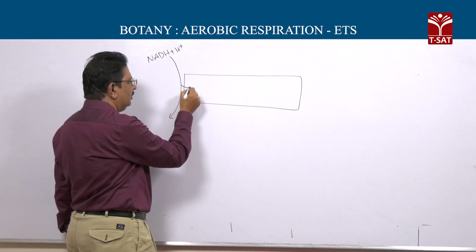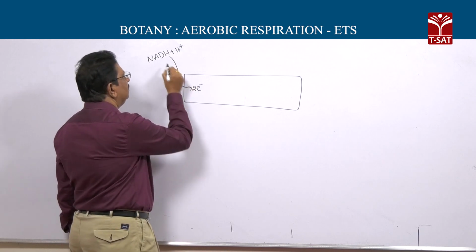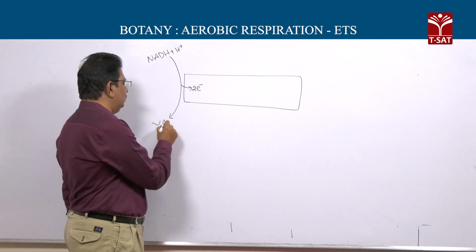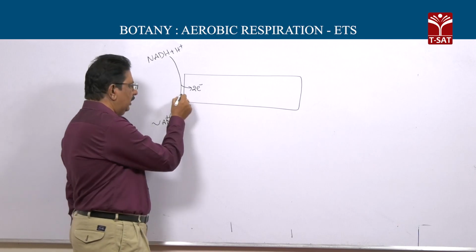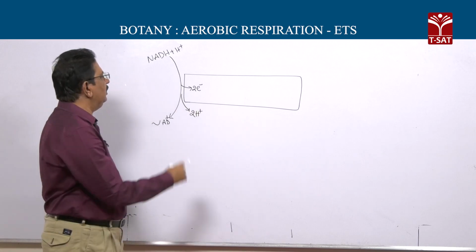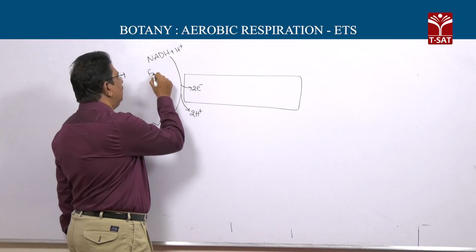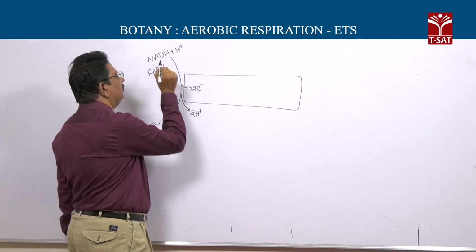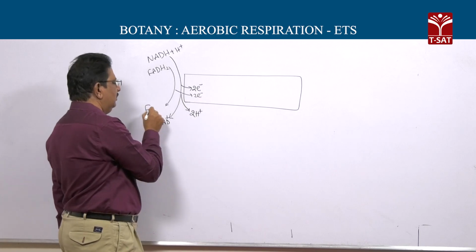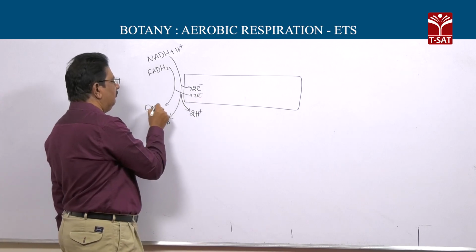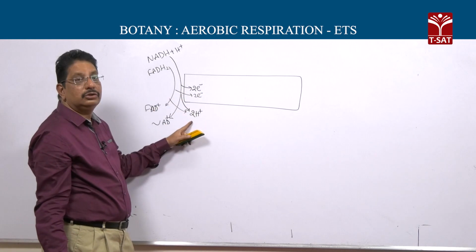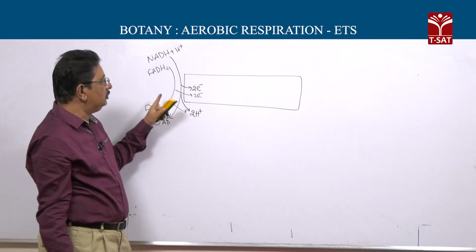During oxidation, each NADH loses 2 electrons and converts into NAD plus, and also loses 2 protons. Similarly, FADH2 also oxidizes, releases 2 electrons and forms FAD plus and protons. So, 2 electrons and 2 protons from each reduced coenzyme.